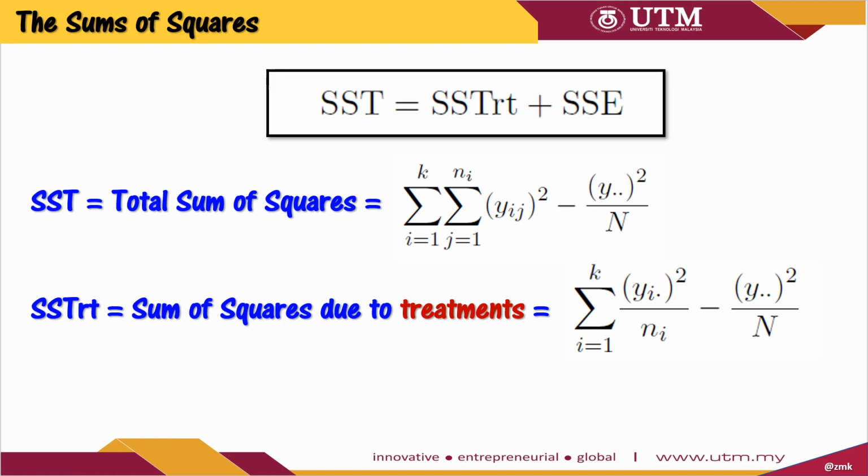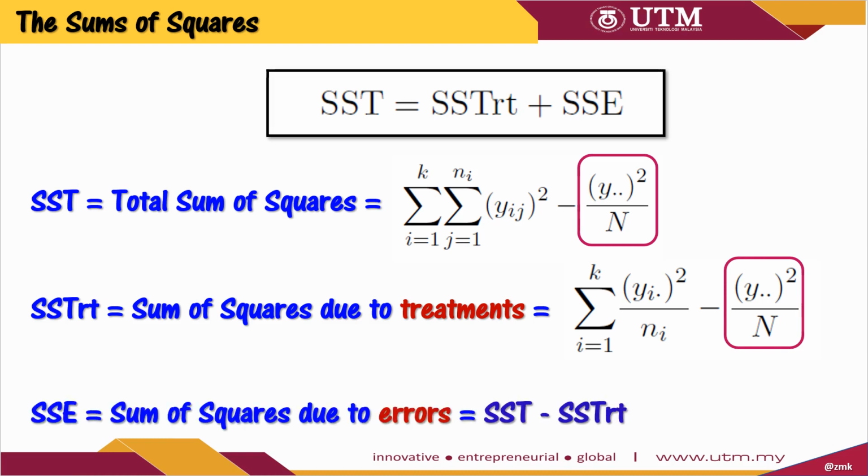Notice that the second expression in both SST and SSTRT are exactly the same. Finally, as mentioned before, the error sum of squares SSE is simply SST minus SSTRT. All these formulas are provided in the statistical table booklet, page 3.